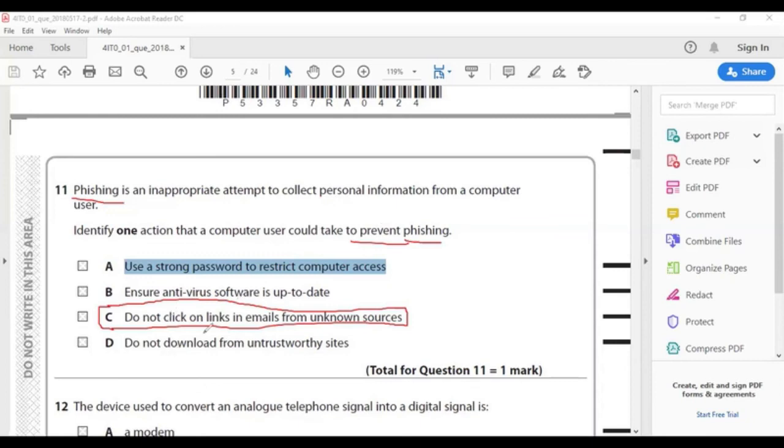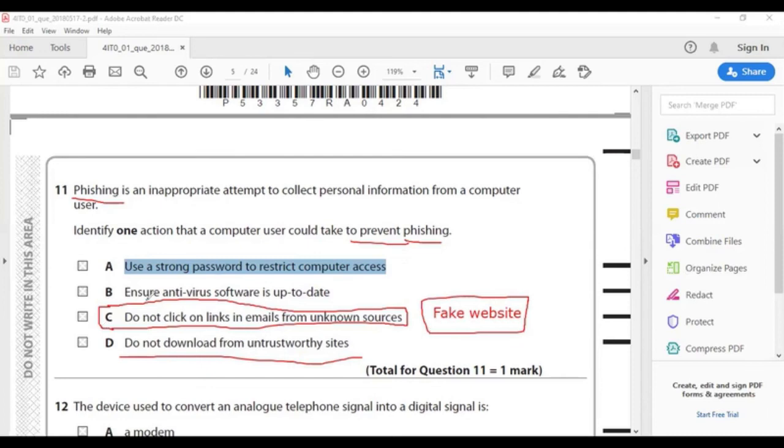If you click on that link, it takes you to a fake website that looks just like the real thing. You're not downloading anything. It could be a Facebook, Outlook, Hotmail or Gmail website, and when the box comes up asking for your username and password, you enter it as usual, and suddenly all your information is confiscated.